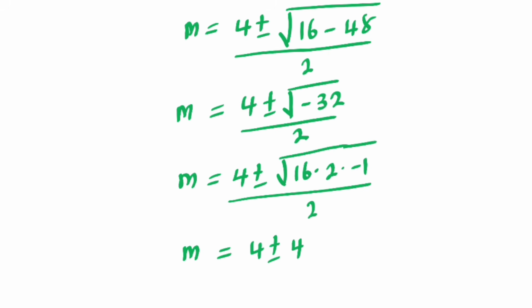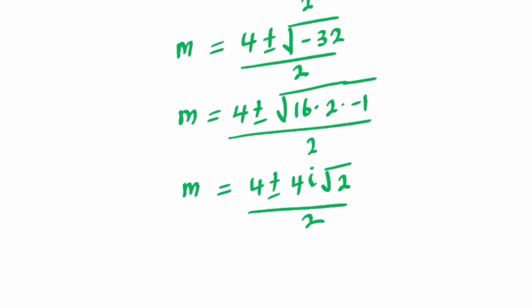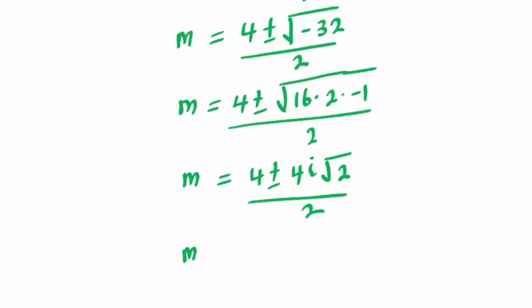Square root of minus 1 is i, root 2 over 2. m is equal to 4 over 2 plus or minus 4i over 2 root 2.